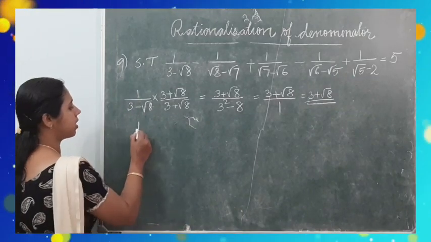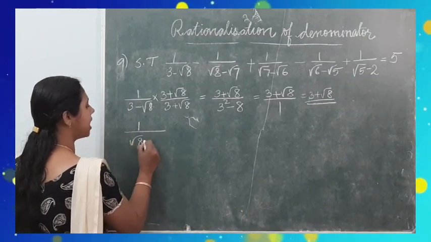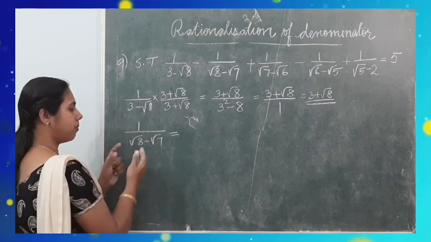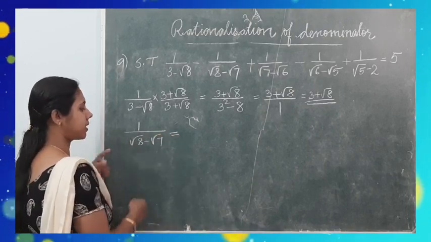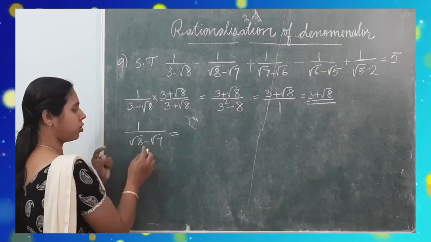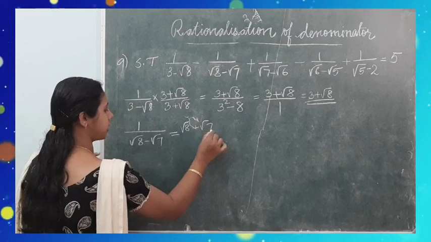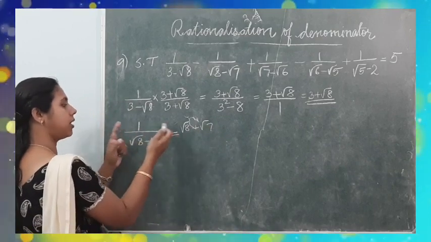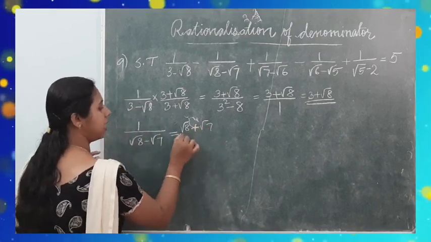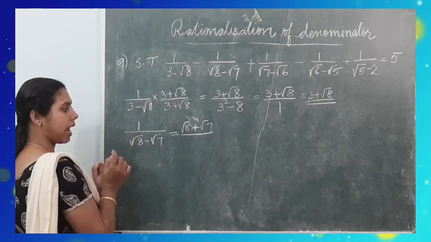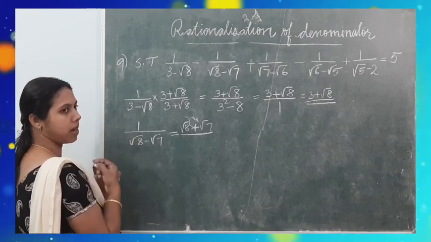Next term, 1 by root 8 minus root 7. By looking at it you can write the answer. If you multiply with the conjugate, it will be root 8 plus root 7, because 1 into that number you will get the same, divided by a square minus b square.